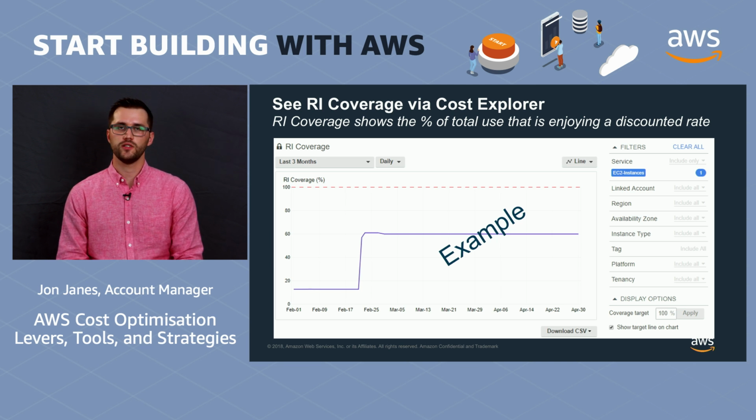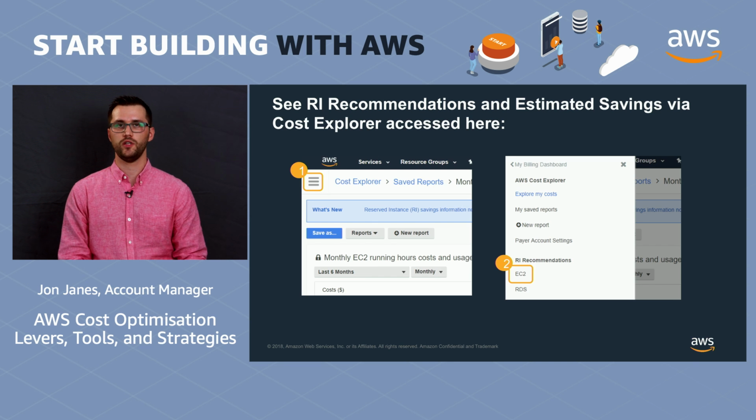And typically in your organization, you want to set some kind of threshold, whether that's a 20% threshold for running reserved or a 50%. It's totally up to you and your organization and how you want to run your billing constructs. In the Cost Explorer, you can look at that utilization and make a decision around purchasing RIs to cover where you want to be in an RI coverage pattern.